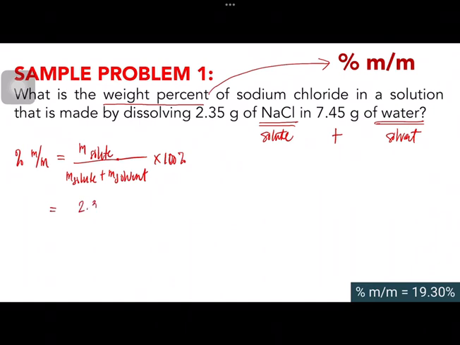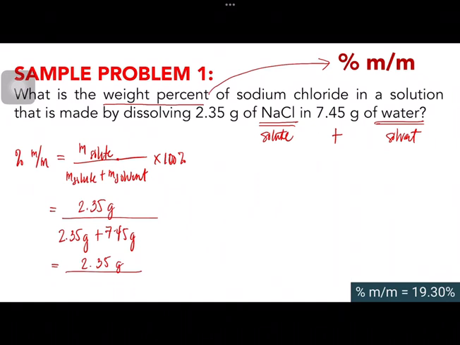So, we have 2.35 grams over 2.35 grams for the solute plus 7.45 grams of water. So, simplify muna natin siya. 2.35 grams sa numerator. Then, you have 2.35 plus 7.45.